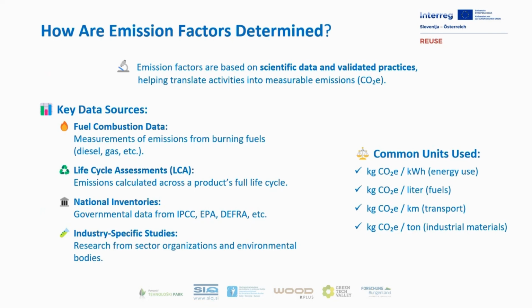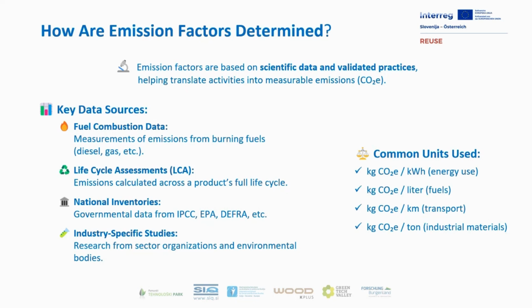Emission factors are expressed in different units depending on the type of activity. Some common examples include kilograms of CO2e per kilowatt hour for electricity and energy use, kilograms of CO2e per liter for liquid fuels like diesel or gasoline, CO2e per kilometer for transportation-related emissions, and CO2e per ton of material or product for emissions linked to industrial processes.